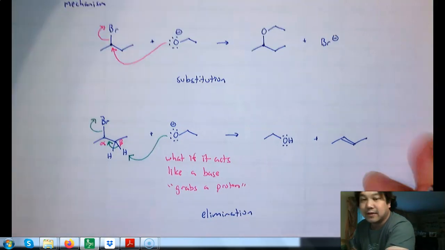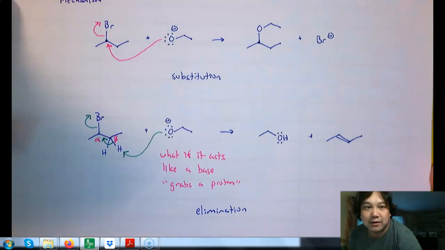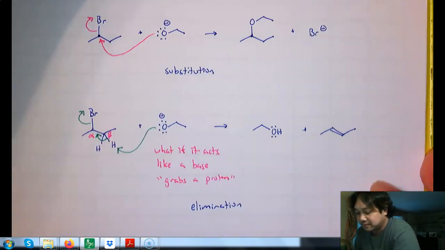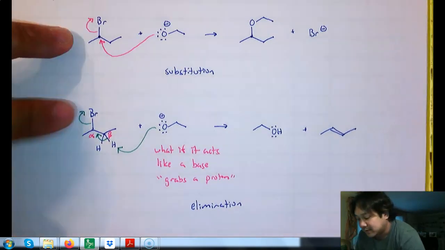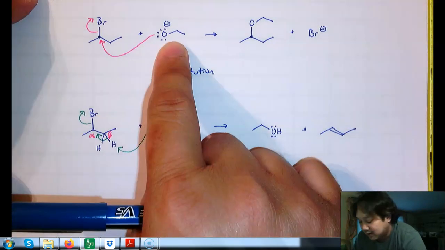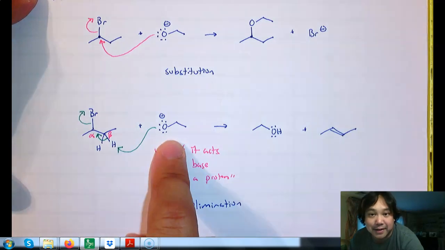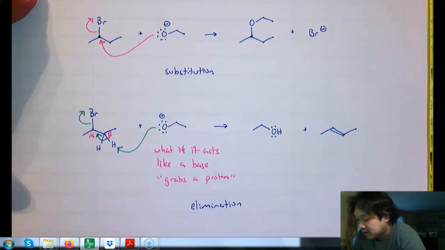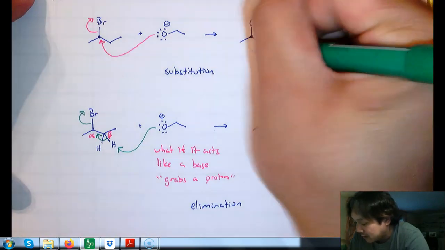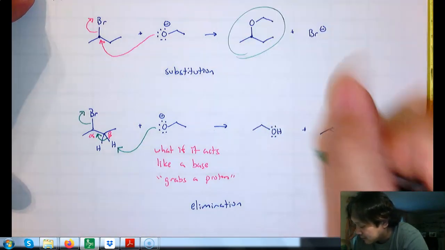Look at the two reactions that are on the screen right now. Same starting material, but one is acting like the nucleophile. The same molecule also can act like a base, and we get two different products. If you want, circle the main organic product. That one and this one.